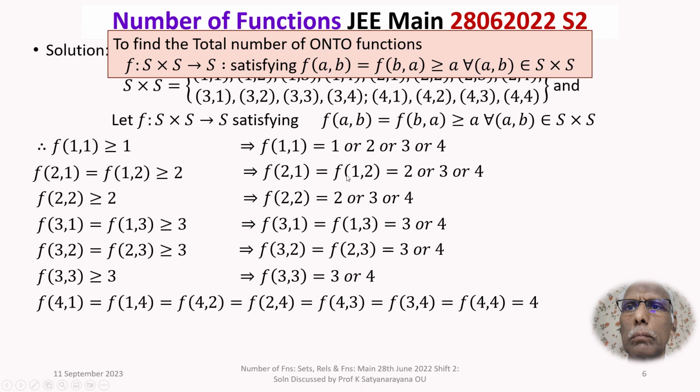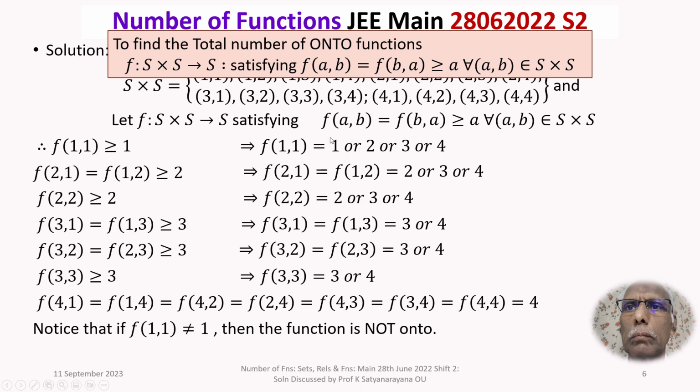So we have the condition implemented here, and we have to materialize these onto functions. First of all, suppose f(1,1) is not equal to 1. That means (1,1) is not mapped to 1. Then 1 is not there.